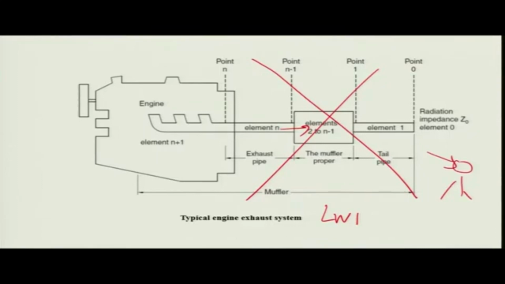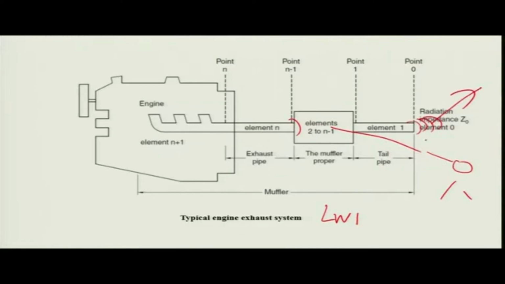So LW1 means when the muffler is crossed out, it is not there. L1 is the acoustic power that is being emitted out into the atmosphere without this. Now when you have got the muffler in place, the acoustic power comes out, the waves come out here, and you record this.